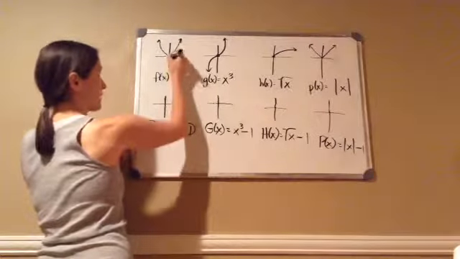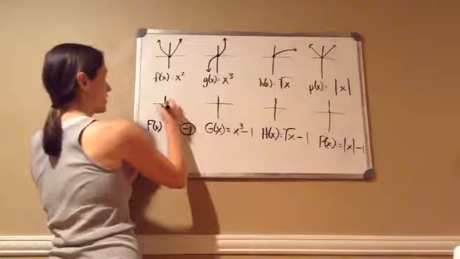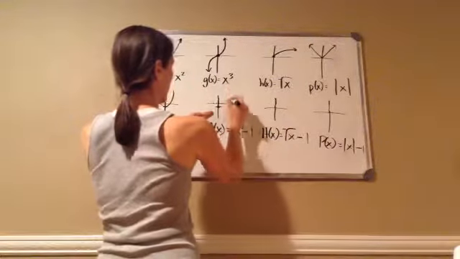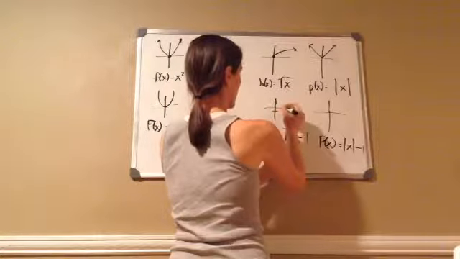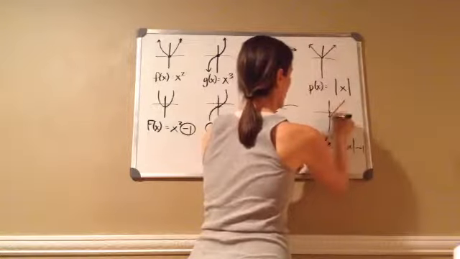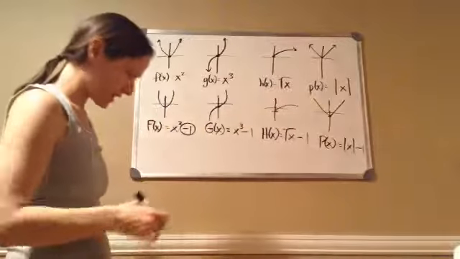So instead of being in the center at 0, we're going to go down 1, to negative 1. And it's going to do that. This one's going to go down 1 right there. This one's going to go down 1 and start here. And then this one's going to go down 1 and do like that. Okay? So that's what's happening every single time.